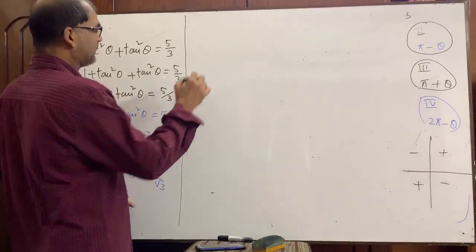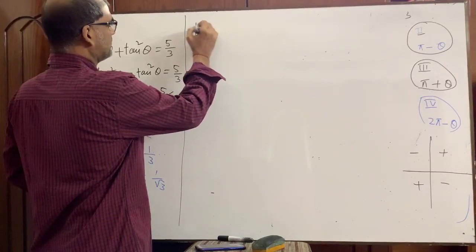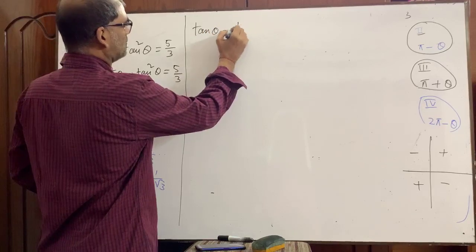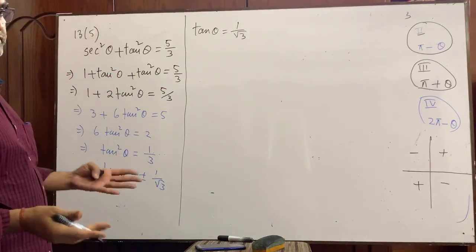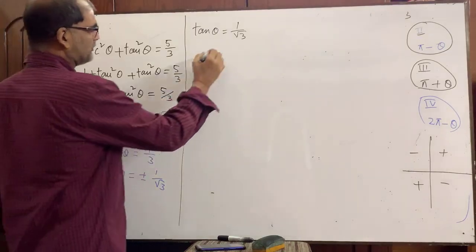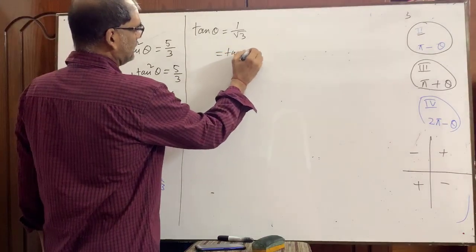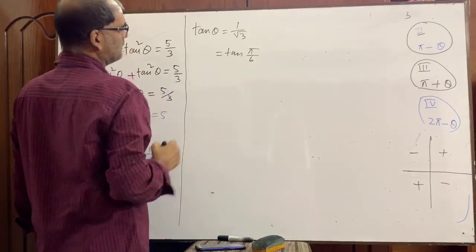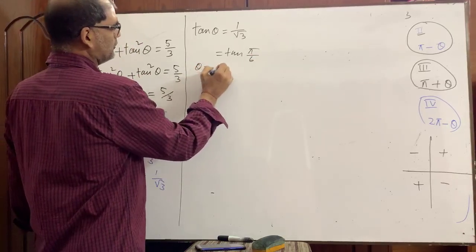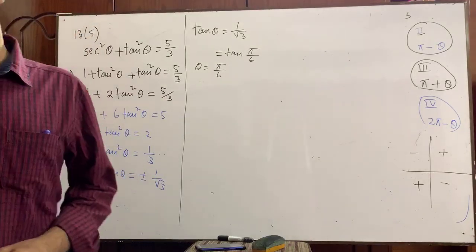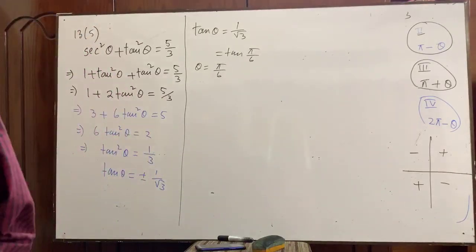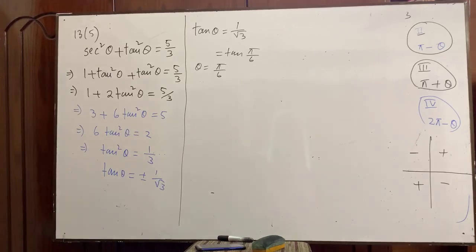Tan theta equals 1/√3, that means tan pi/6. So theta equals pi/6. I have found the value in the first quadrant.